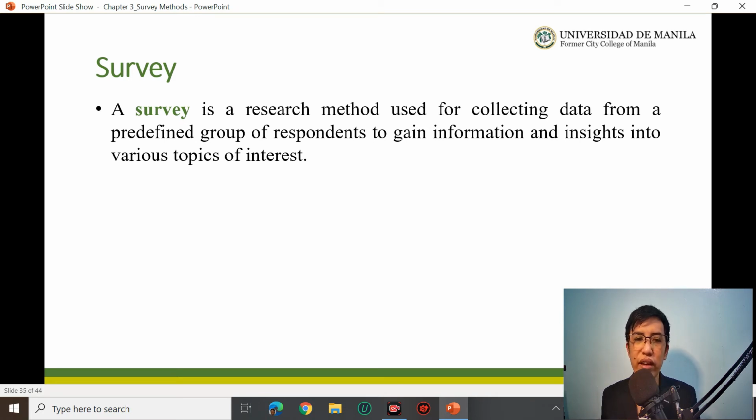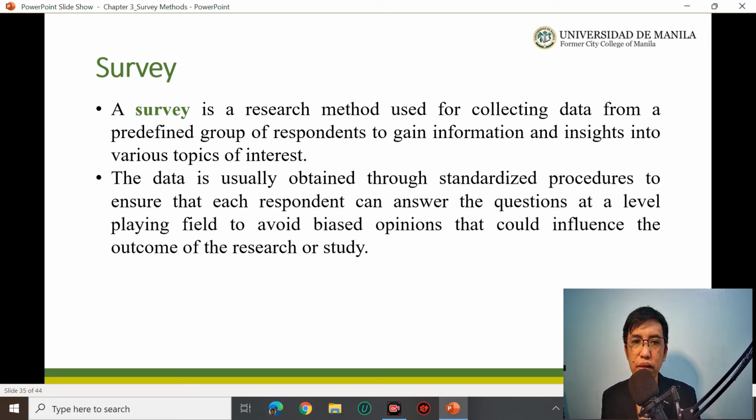So, ano ang difference niyan, sir, sa census? Sinabi ko kanina, di ba? The survey is for the samples. Census is for the population or the topics of interest. Okay? The data is usually obtained through standardized procedures to ensure that each respondent can answer the questions on a level playing field to avoid biased opinions that could influence the outcome of the research or study.